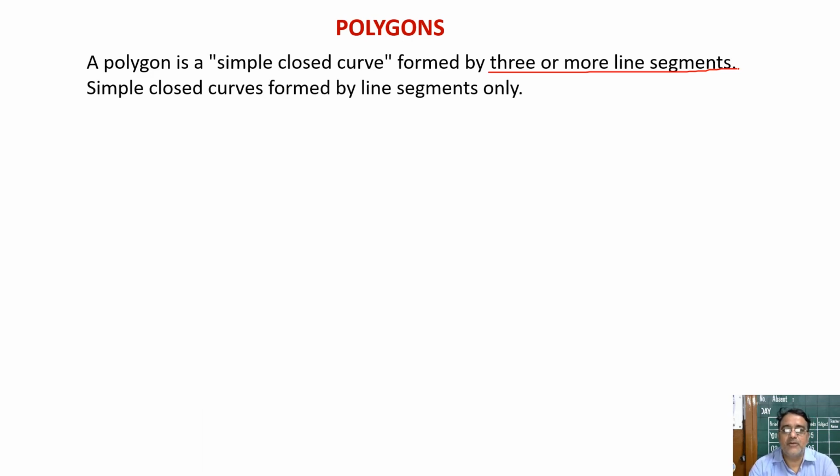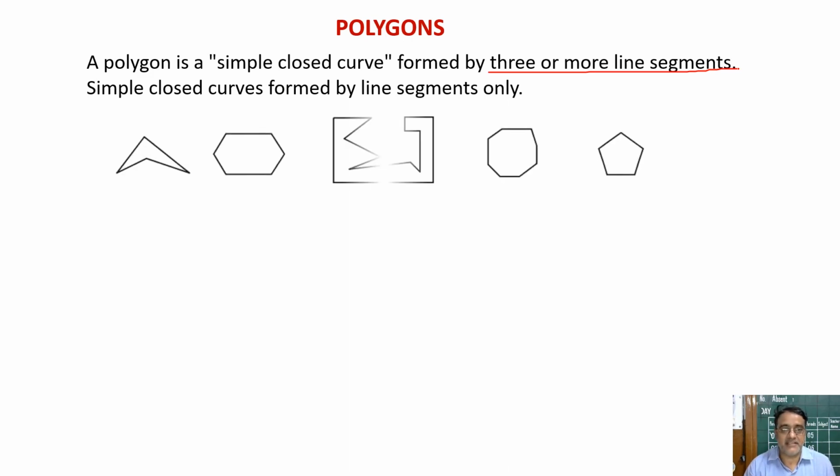Next, simple closed curve formed by line segments only. Simple closed curves formed by line segments only means यहाँ पे curve mention है ना, तो ये नहीं सोचना कि जो सर्कल का जो आर्क जो फॉर्म होता है ना वो वाला होना चाहिए. So line segments only. See these examples.